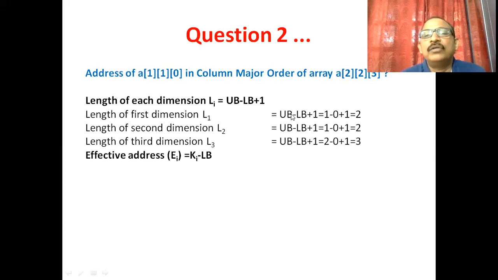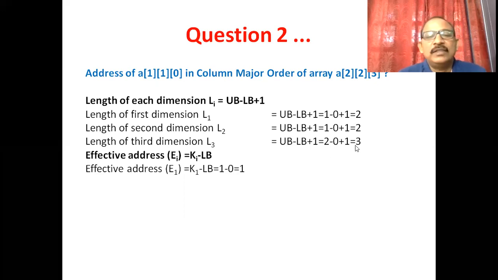What is the upper bound? Upper bound is 1 and lower bound is 0, so 1 minus 0 plus 1 is 2. Here you can see again upper bound 1, lower bound 0, so 1 minus 0 plus 1 is 2. And here you can see upper bound is 2, lower bound 0, so 2 minus 0 plus 1.